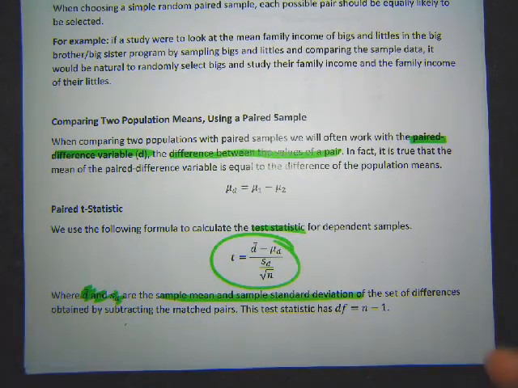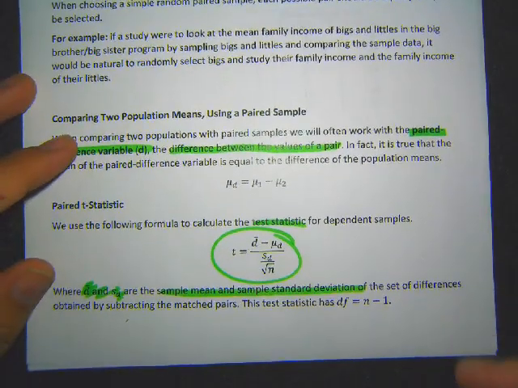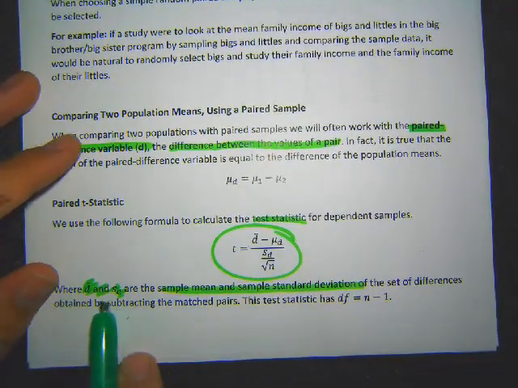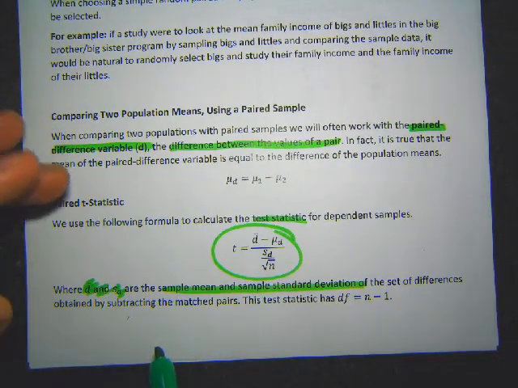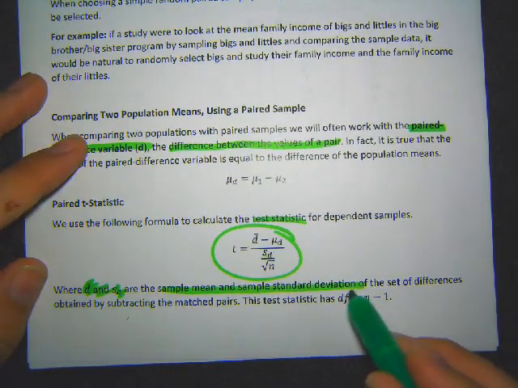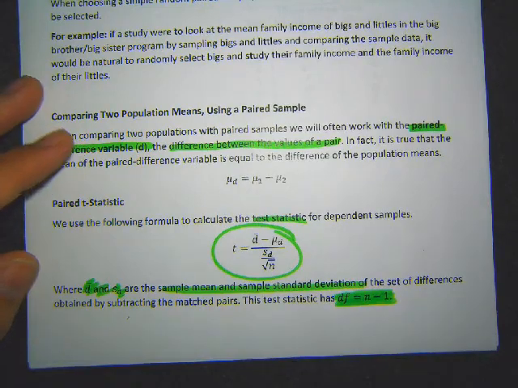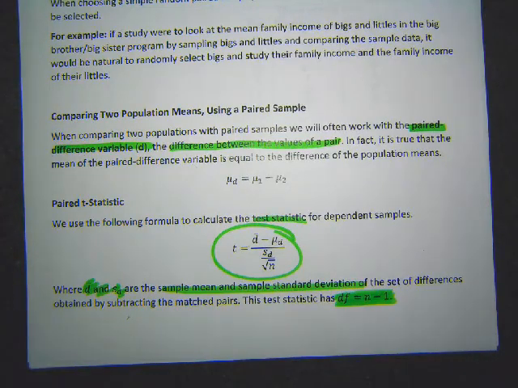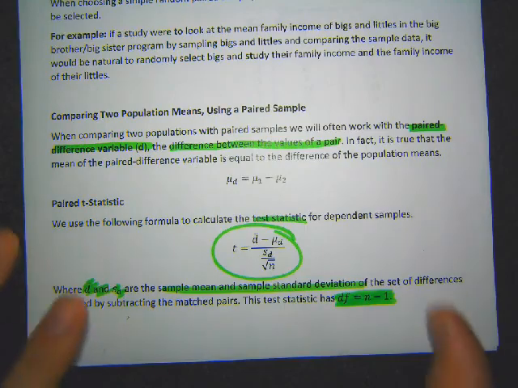Not really going to see a lot of work with these because we'll depend on technology and it's going to save us a lot of time. One nice thing is that since we're matching up the pairs and combining them, we get to go back to simple degrees of freedom, where you just take the sample size and subtract 1. With these, because you're always working with matched pairs, the samples for the two groups will always be the same size because you always pick the same number from both sets.